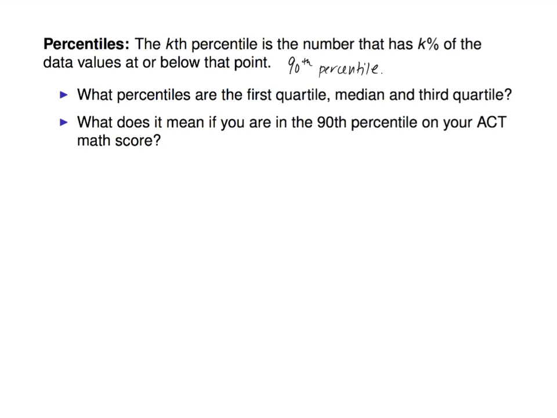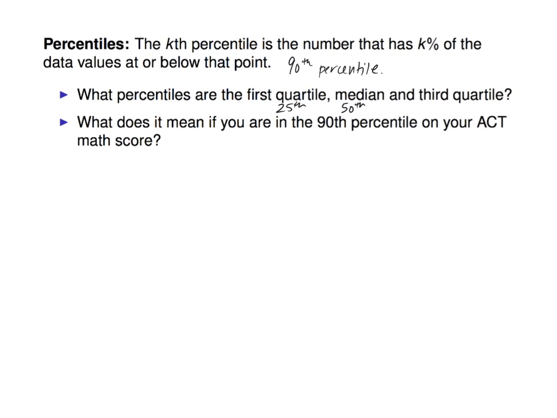So what percentiles are the first quartile, the median, and the third quartile? What percent of data is the first quartile, Q1? That's the 25th percentile. So at Q1, you're at or above 25%. If you're at the median, you're at or above what percent? 50th, yep. And if you're in the third quartile, you're at or above 75.